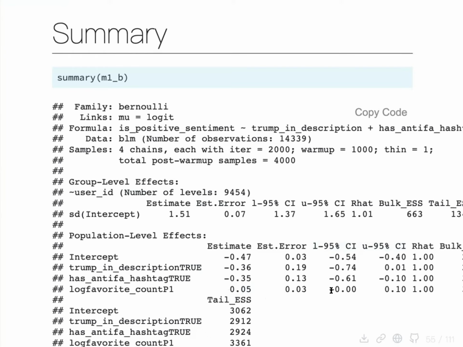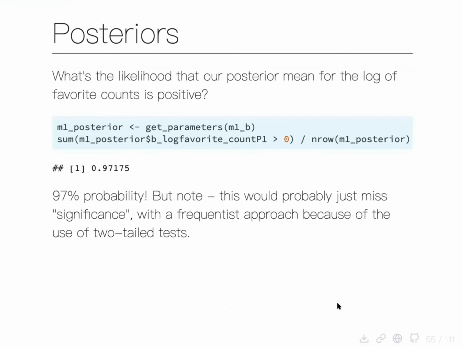And this credible interval is, again, sort of right on that boundary-ish. So look at the R hats. Those are all 1.00. The R hat for the standard deviation is the same as it was before, 1.01. So posteriors.